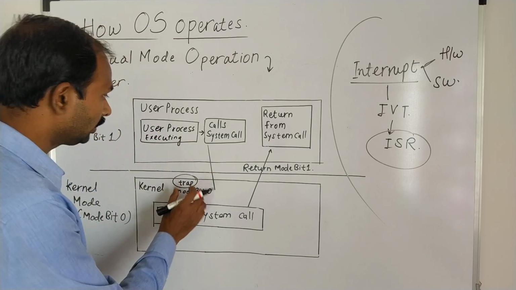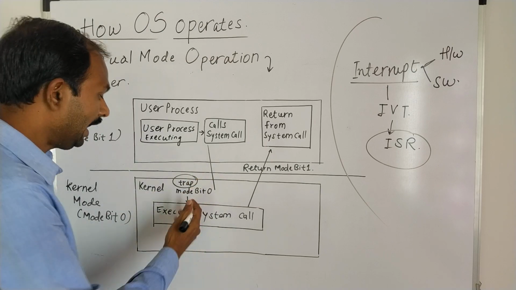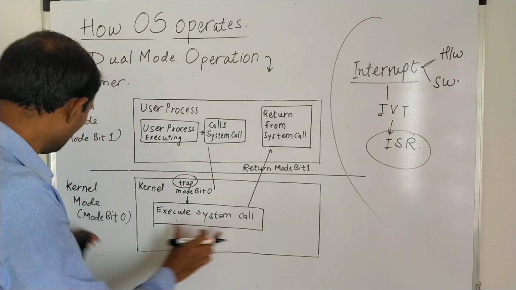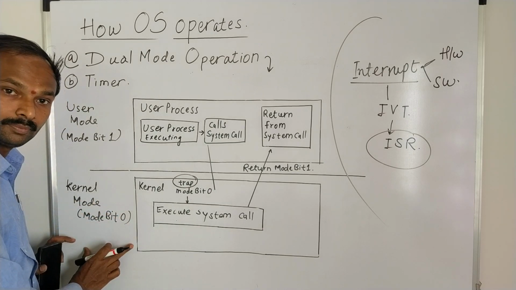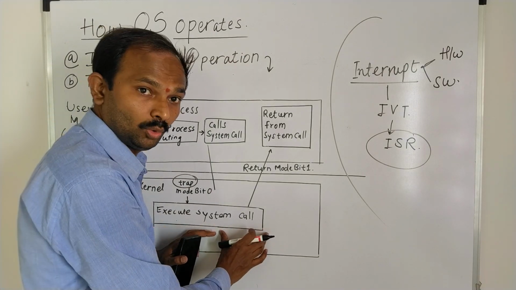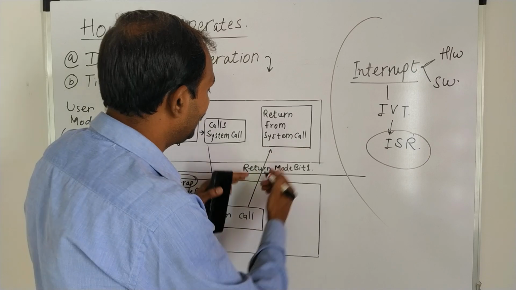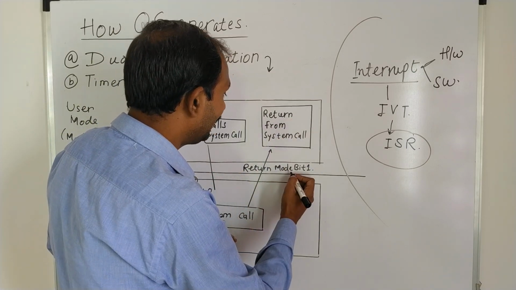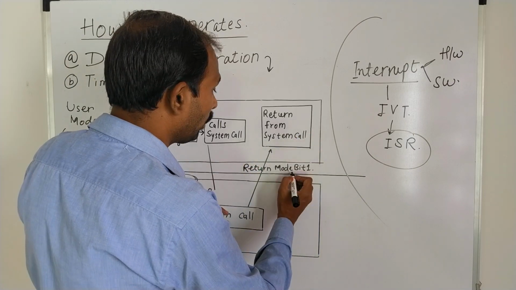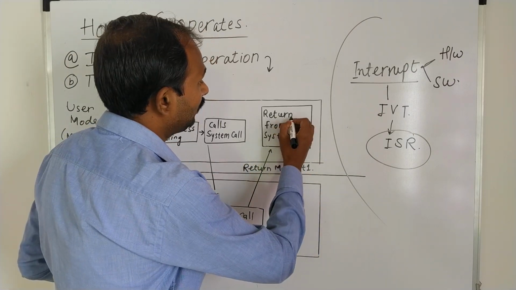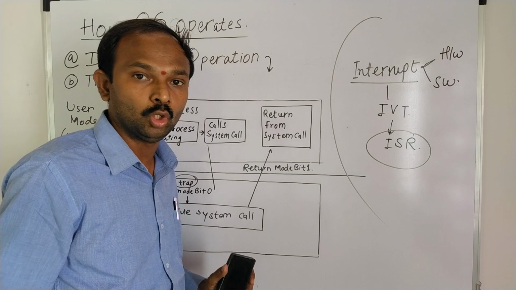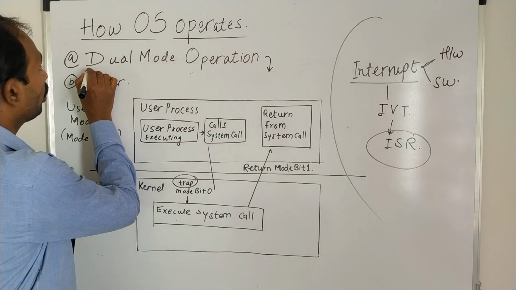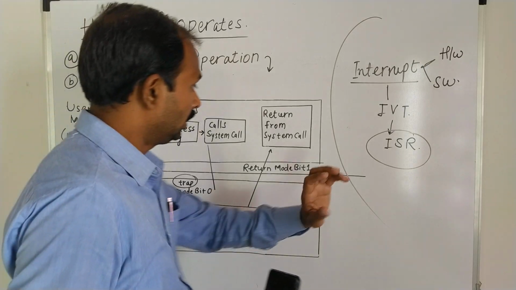So the mode bit is changed and that particular system call is executed in the kernel mode. Once the system call is executed, the control once again returns from the kernel mode to user mode, the mode bit is changed to 1, and then we return from the system call.